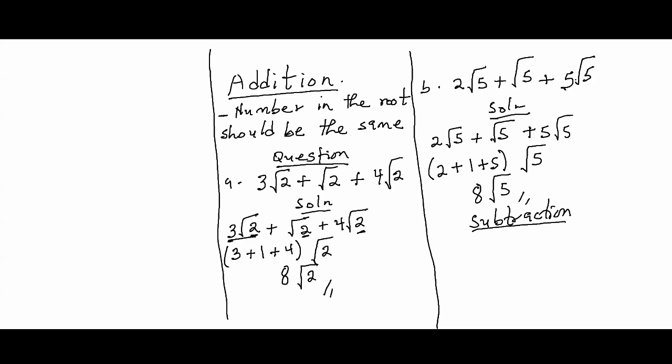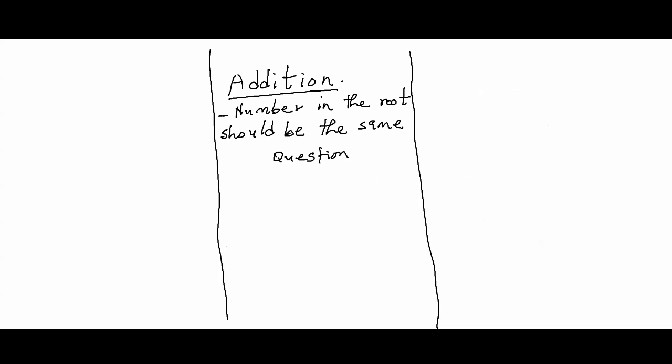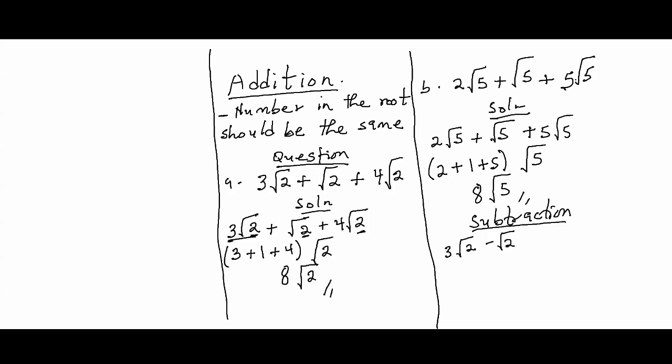So if I have something like 3 root 2 minus root 2 plus 4 root 2.